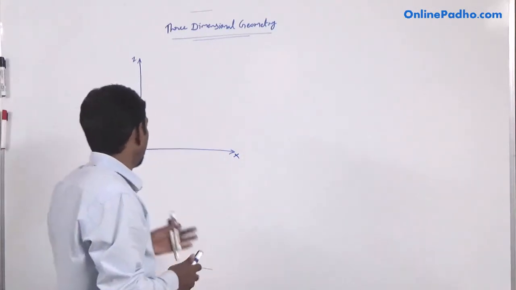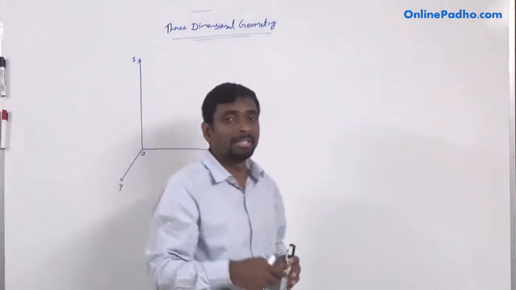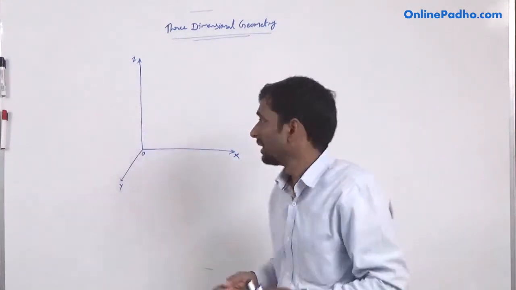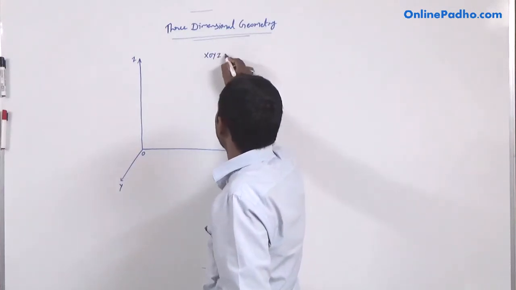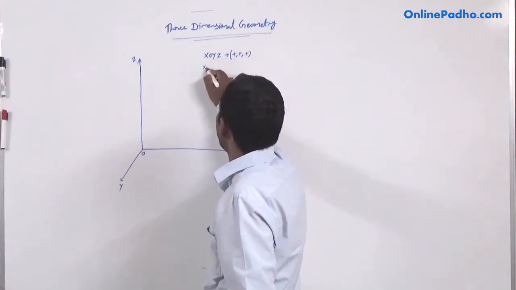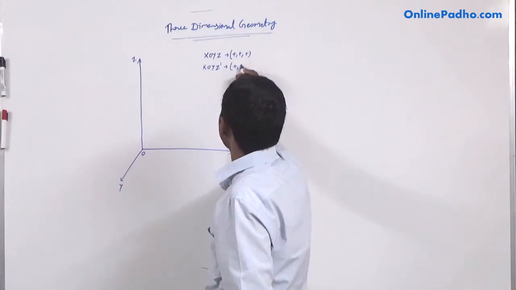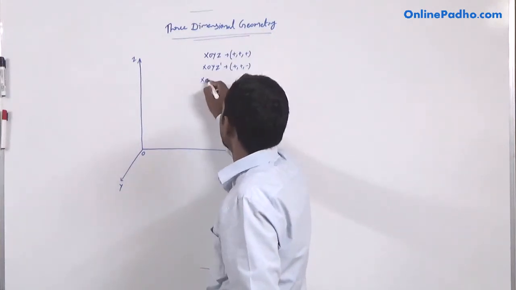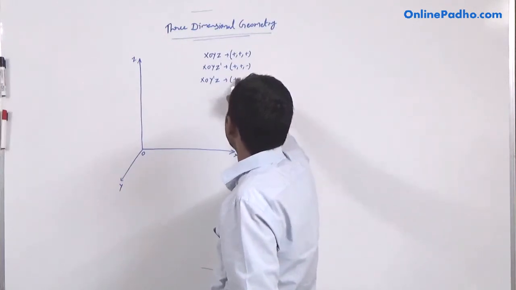So first of all, we need to discuss the three-dimensional axes. How can we represent a point in an octant? There are 8 octants. The first octant is called XOYZ, which means all 3 are positive. Then XOYZ', we can say positive, positive, negative. Then XOY'Z, positive, y negative and z positive.